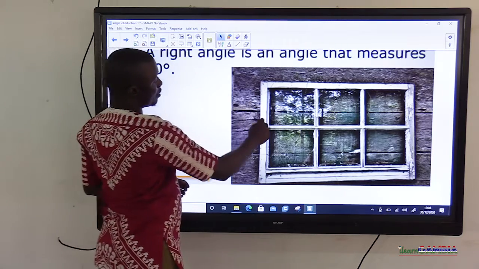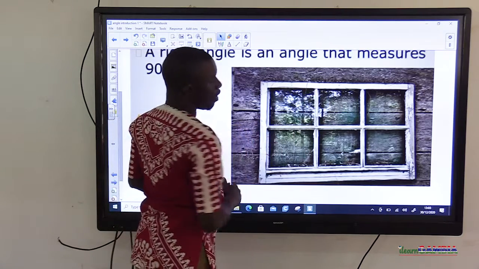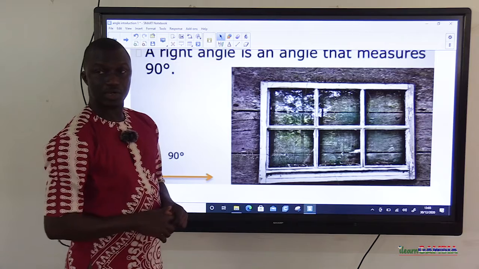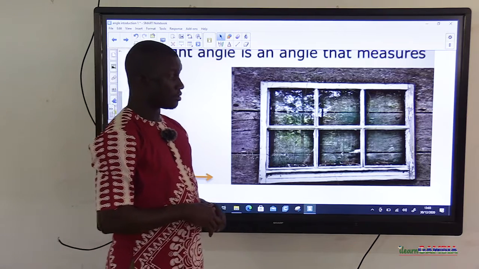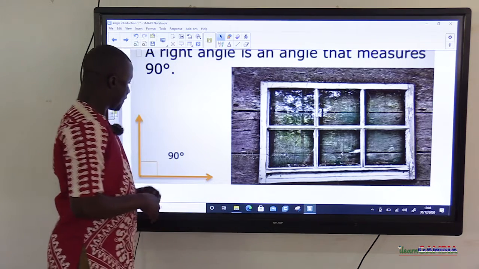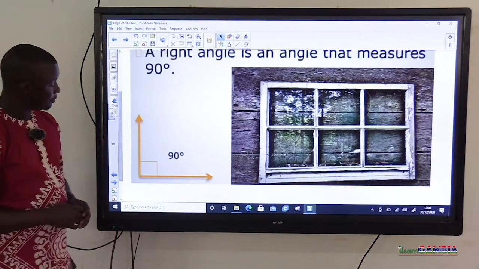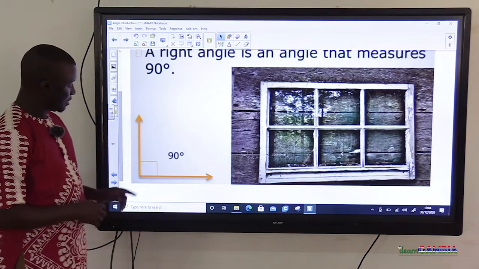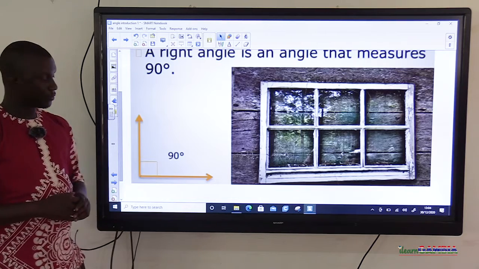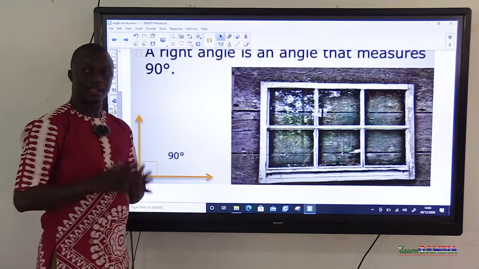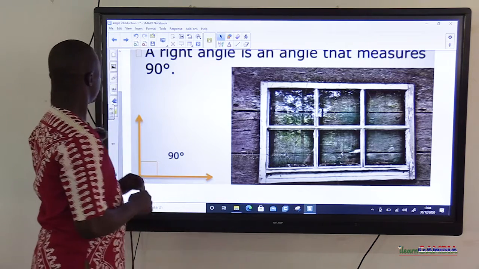And all these angles that you are seeing measure 90 degrees, so they are all right angles. An example of a right angle is drawn here as well. That is 90 degrees, denoted with a box here, just to indicate that it is exactly 90 degrees.